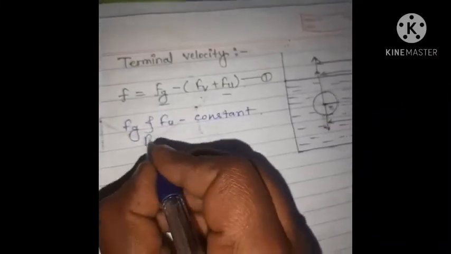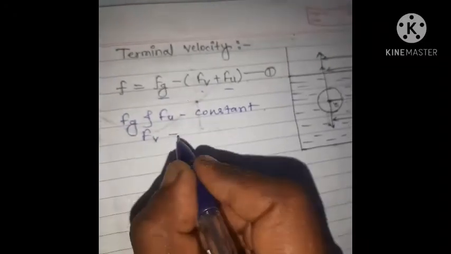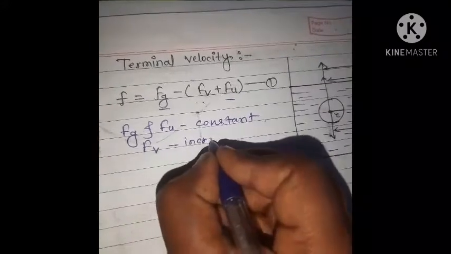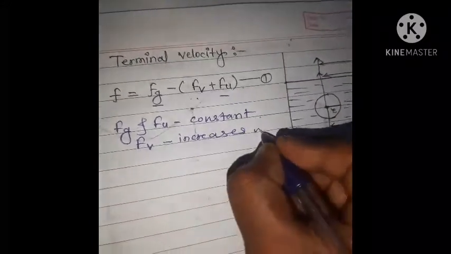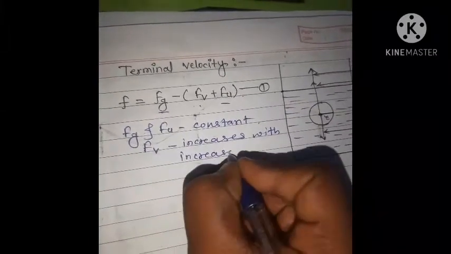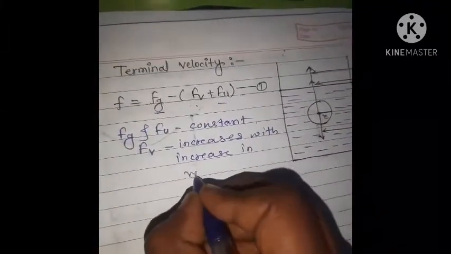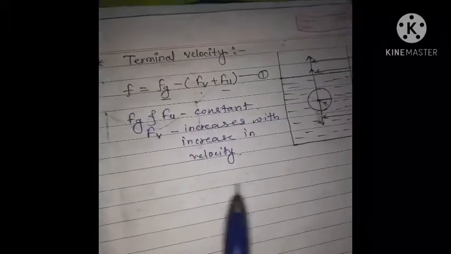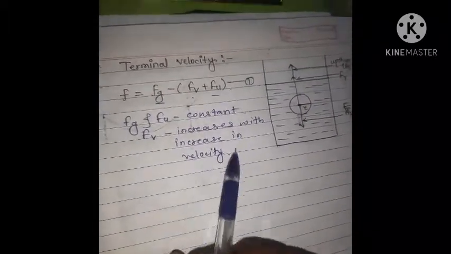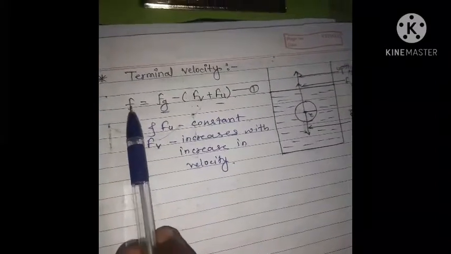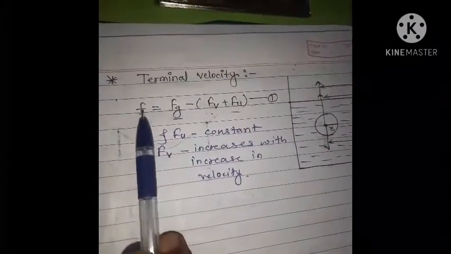Whereas Fv, the force due to viscosity, increases with increase in velocity. One stage is reached at which the net force becomes totally zero.